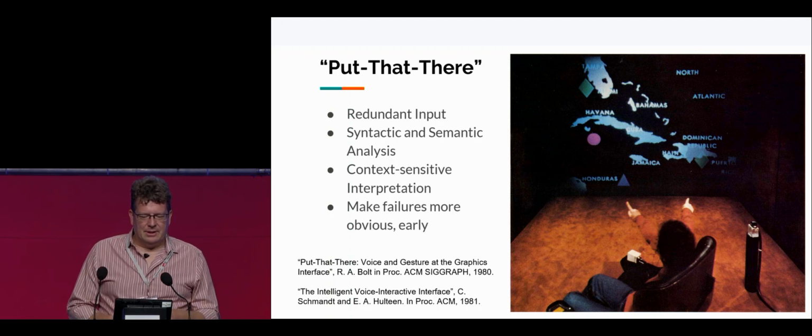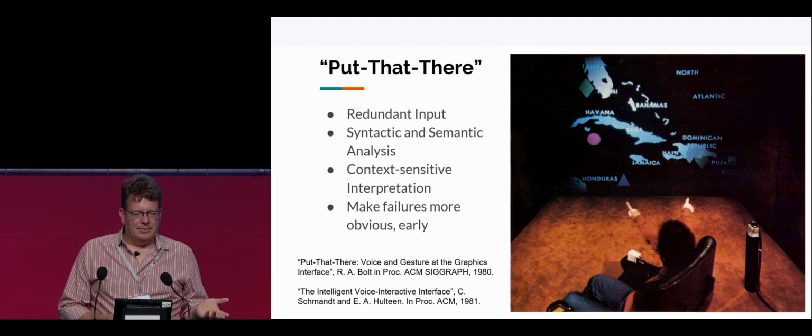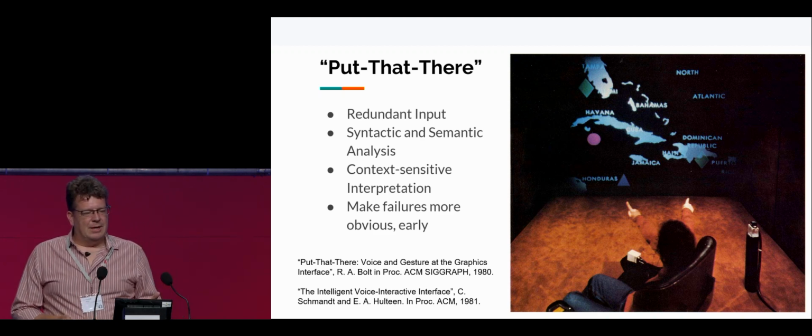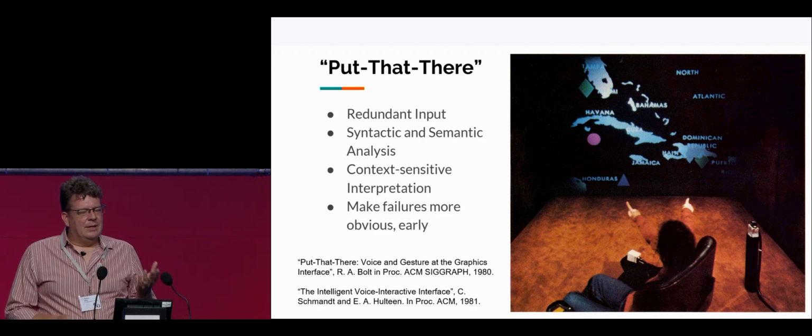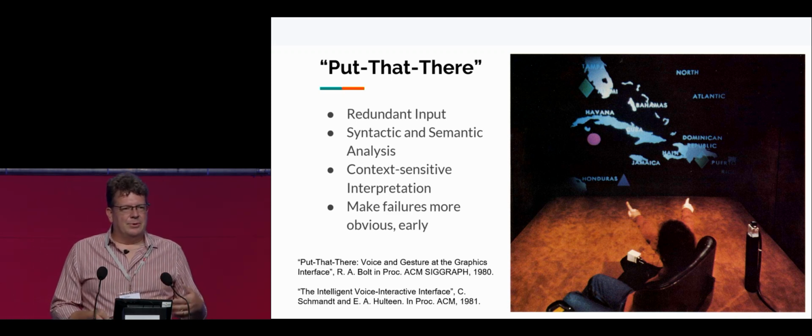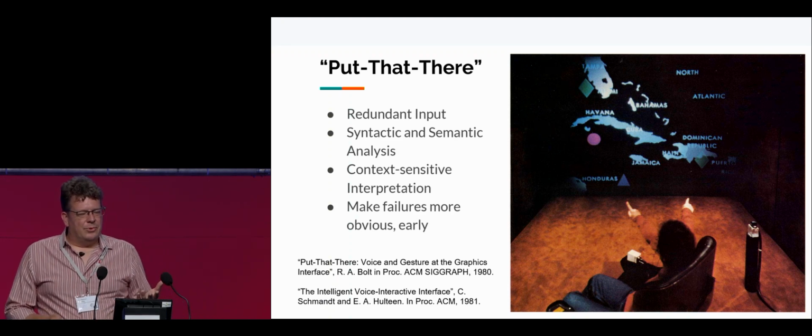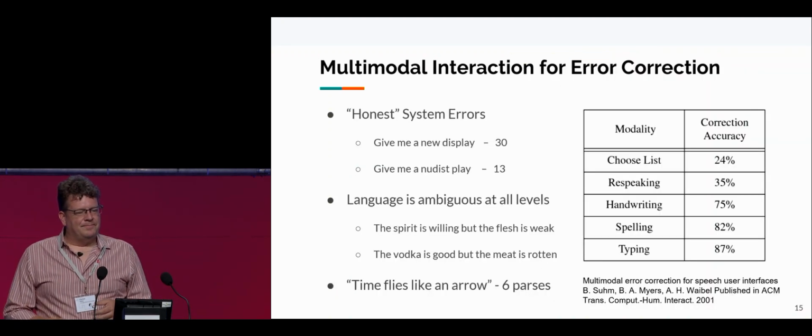Famous examples here are "put that there", where we have redundant input and are performing syntactic and semantic analysis. If we have failures, we make them more obvious through the use of this multimodal interaction paradigm. We try to detect failures earlier in the process and make the interaction more seamless with the user.